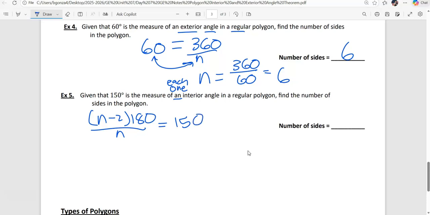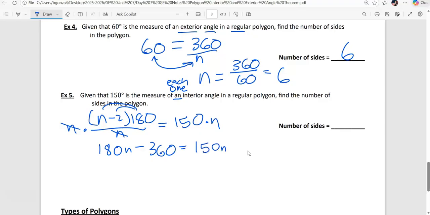Now, I don't think you're going to see a problem like this. I'm still just going to fill it out so we have our notes done. But if you had an ugly fraction equals this number, you have to get rid of that denominator. You multiply by n. Cancel that out. Distribute the 180, so you get 180n minus 360 equals 150n.